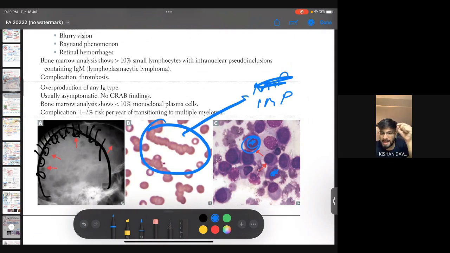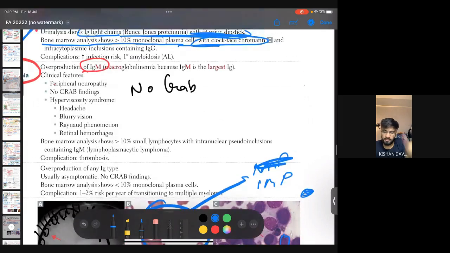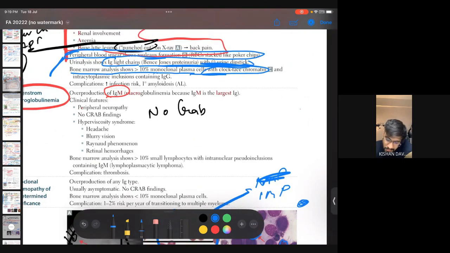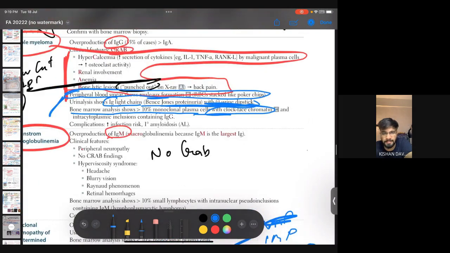So just look at the image clearly on the computer in the exam. If you see any circle-like pattern inside this cell, think about plasma cell disorder. First option should be plasma cell disorder, and second, if they ask what is the specific disorder, then you will say multiple myeloma. These are the important points you need to keep in mind for multiple myeloma.